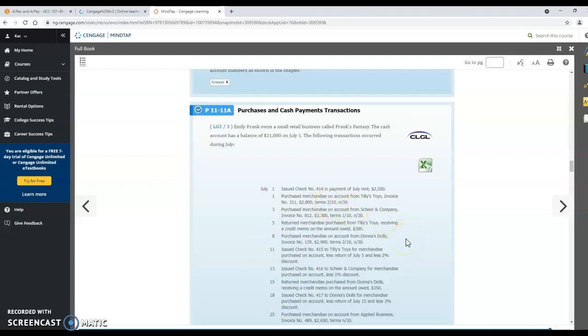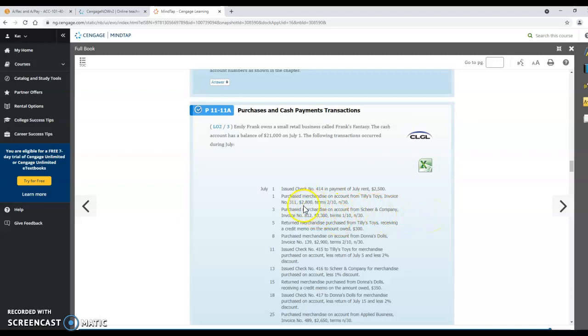Now the discount usually does not include shipping and handling. The discount does not include other things, like sales taxes, if we did have sales taxes. Discount is only on the actual amount that we purchased. And if we returned any, it's not on that either.